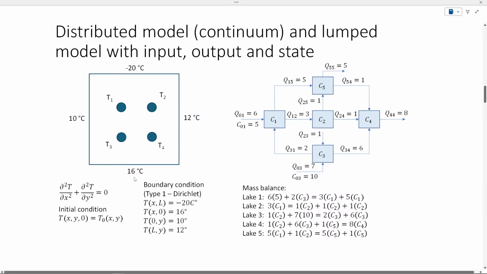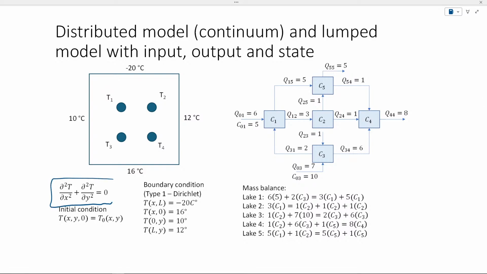Here is an example of a distributed system. This system can be represented by this partial differential equation. It's about heat transport, but you could replace heat with hydraulic head, or with concentration, and so on.